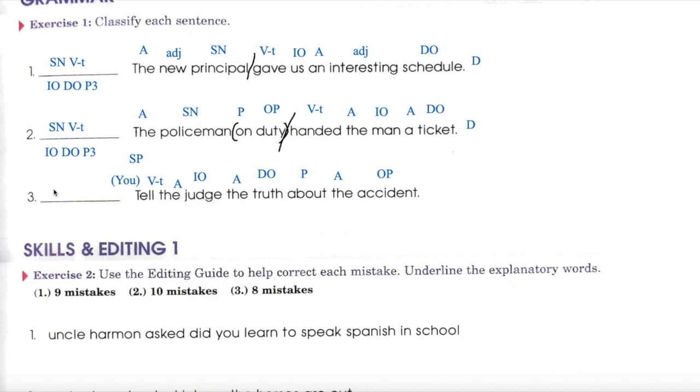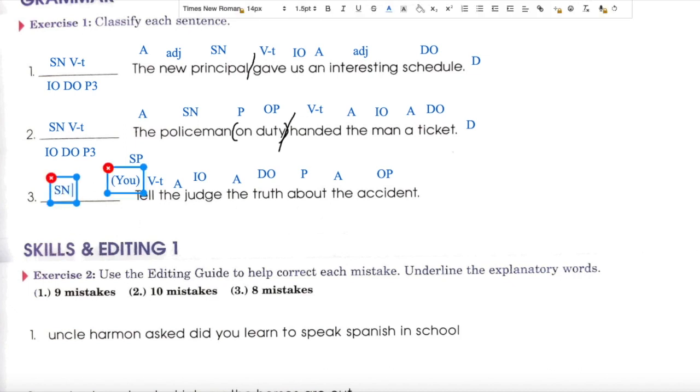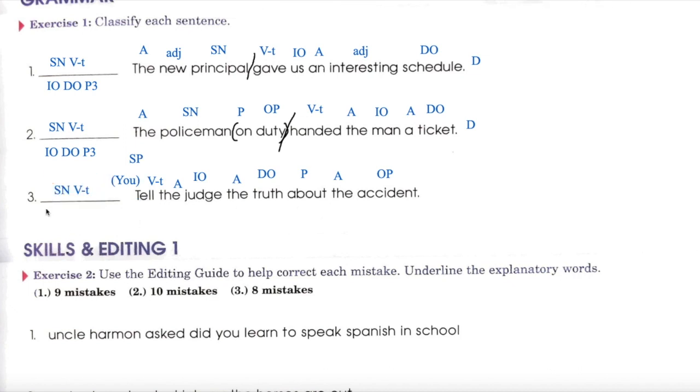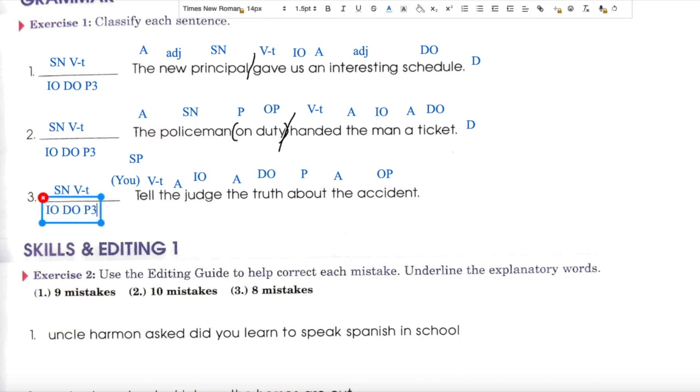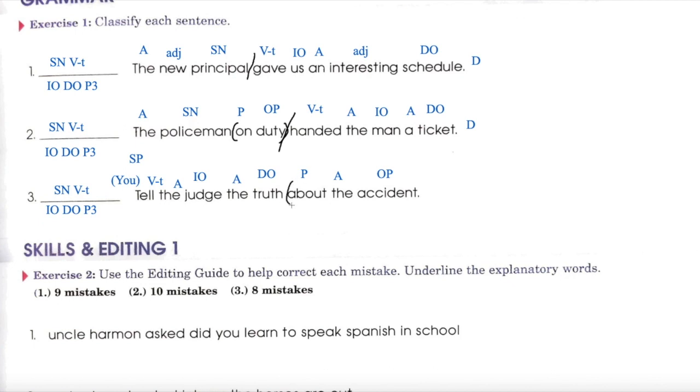The pattern is subject noun, verb transitive, indirect object, direct object. Pattern 3. Let's put our parentheses around the prepositional phrase. Period, command, imperative sentence.